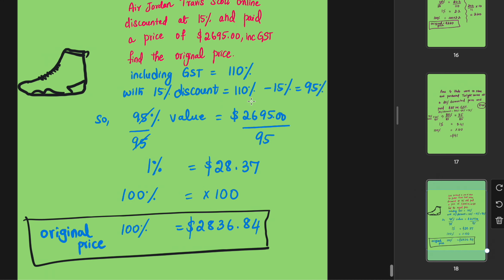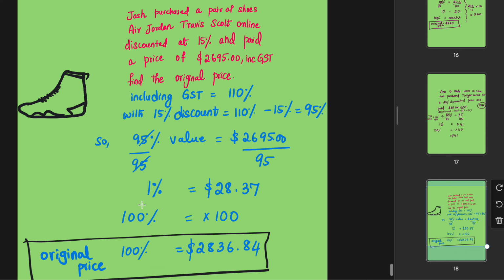So here I have shown you that including GST is 110%, and then take away the 15%, which makes it 95%. So the 95% value is this, divided by 95, you get the 1% value, then times it with 100. So the price of this shoes is $2,836.84.